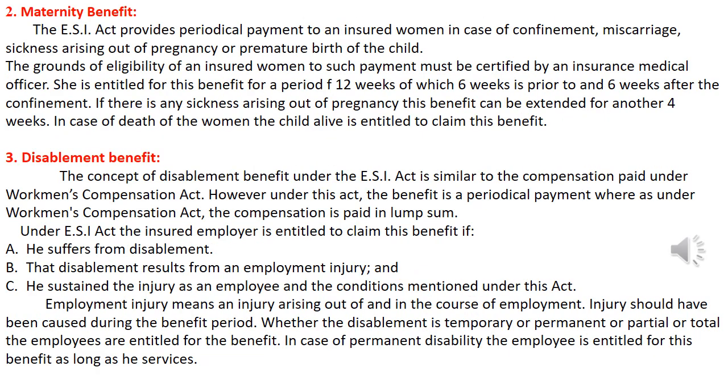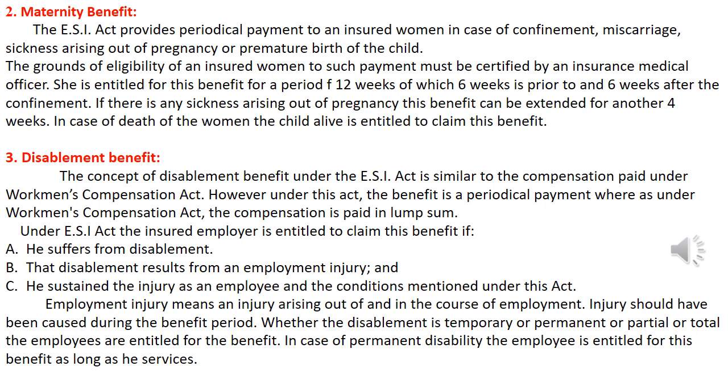The second benefit is the maternity benefit. The E.S.I Act provides periodical payment to an insured woman in case of confinement, miscarriage, sickness arising out of pregnancy or premature birth of a child. The insured woman's eligibility for such payment must be certified by an insurance medical officer.